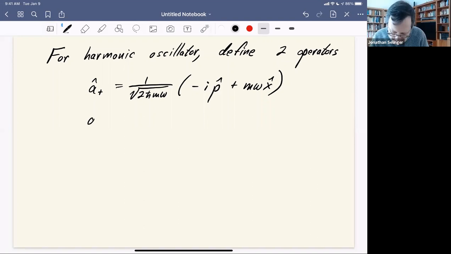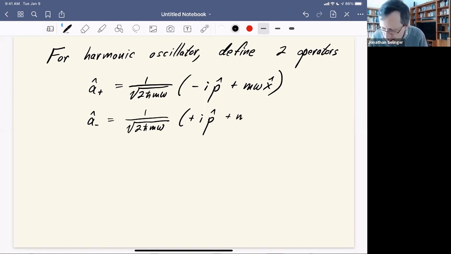And a minus is almost the same thing, except that this sign is plus i p hat plus m omega x hat.